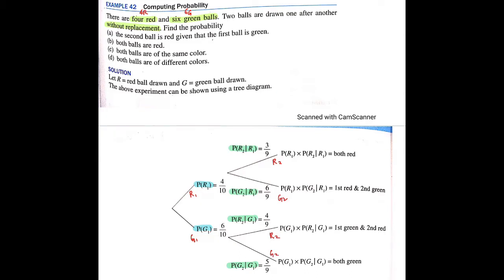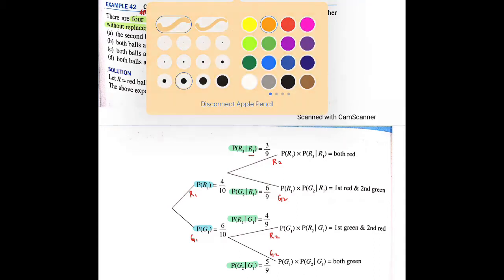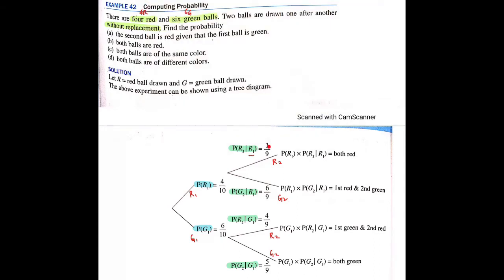Now, let's see the probability of this line. This line is the probability of getting R2 given that we already picked R1. That's why we write the probability of R2 given that we have chosen R1. Let's see what will happen to our probability.